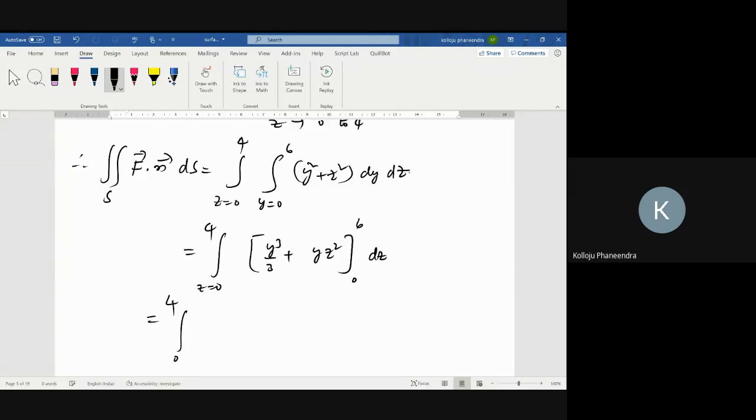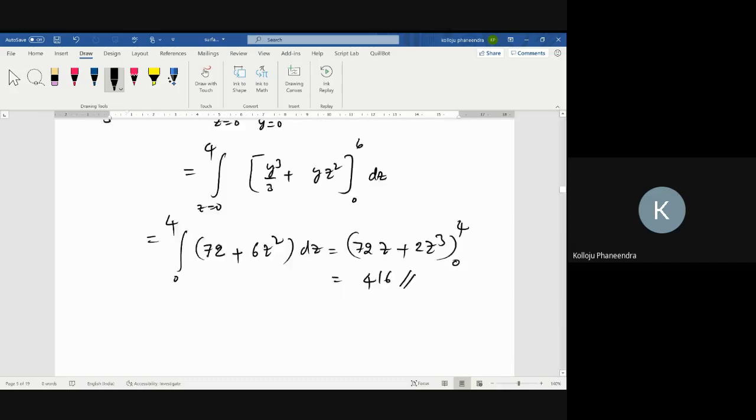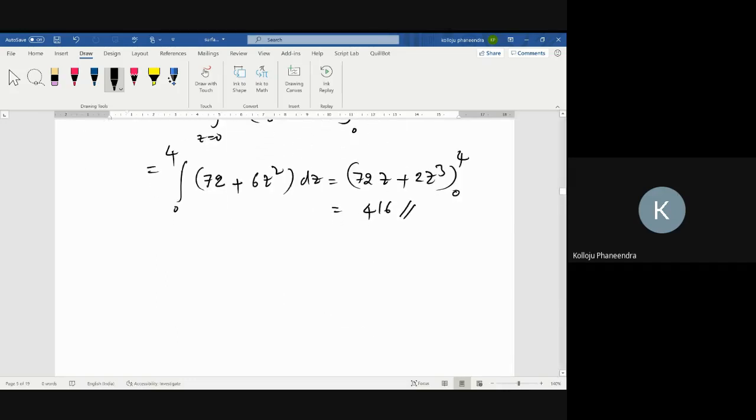This is 6 cube by 3, which is 72, plus 6 z square. So 72 plus 6 z square, lower limit 0, dz. So this is 72 z plus 6 z cube by 3, which is 2 z cube, between 0 to 4. Answer is 416. These are the problems based on surface integrals.